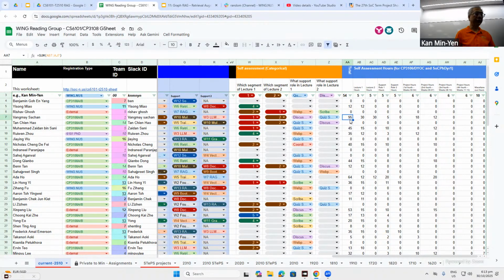Try to be as accurate as you can with your hours. For example, 30 hours is a bit of a stretch, right? 24 hours just to prepare for a 10 minute lecture may be a bit too much.